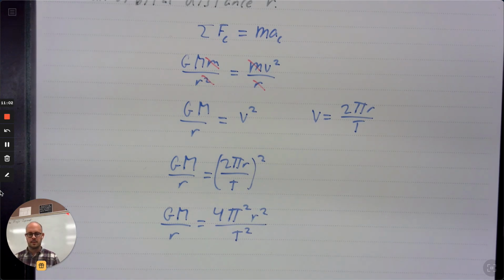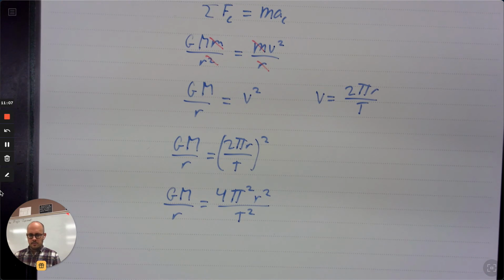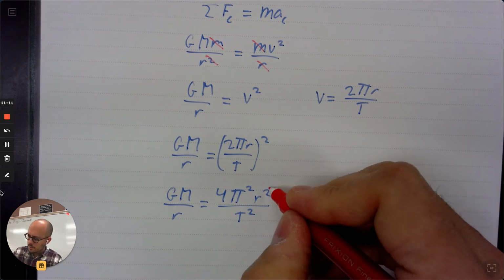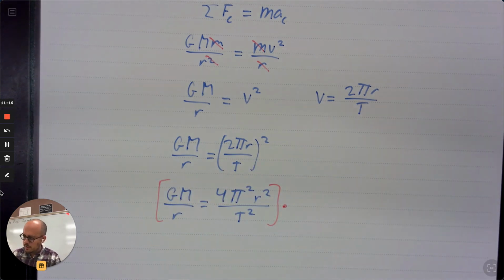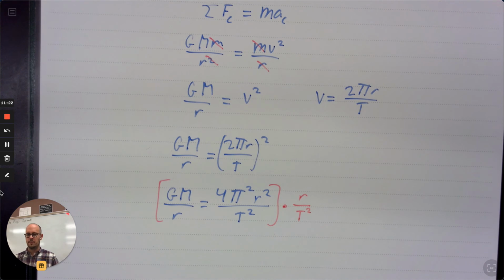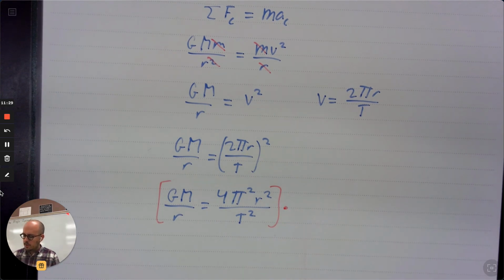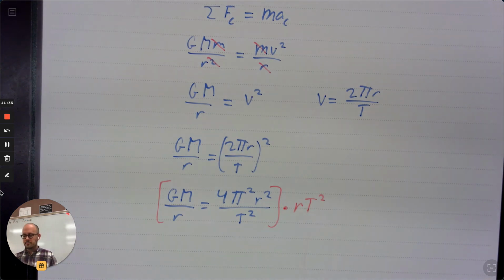All right, so that looks like yikes. I'm going to do some rearranging, in all the steps that you would want to do. I'm going to multiply both sides of this equation by r T squared.